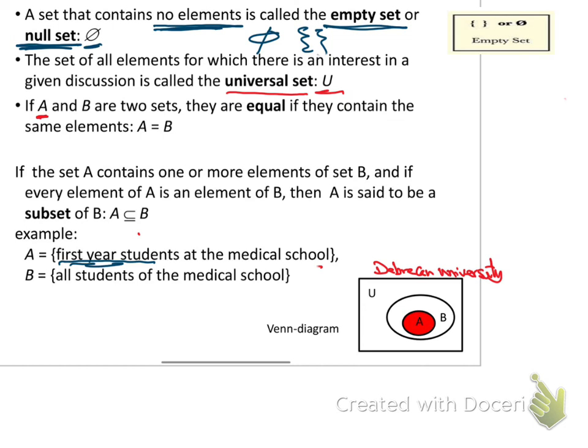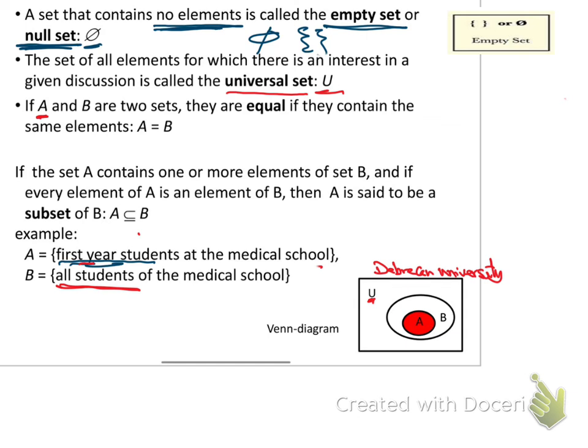This is the universe, which is Debrecen University. I have set B, which is all the students, and inside it there are the first year students of the medical sector, A. I hope this is clear, and this is my universe.